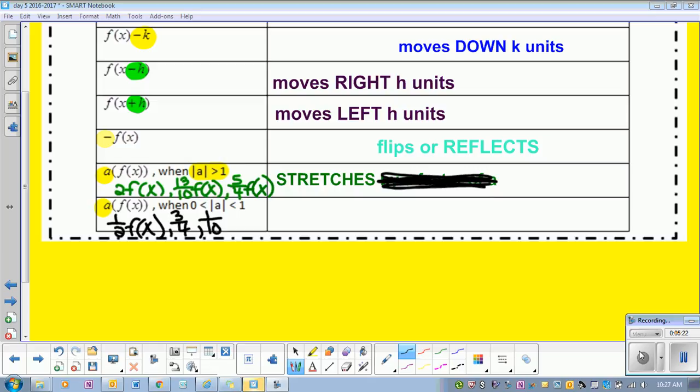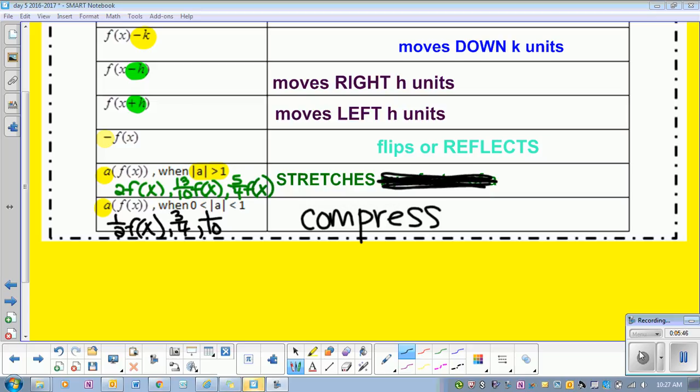All of those fractions where your top number is smaller than your bottom number mean that it's less than 1. And when that happens, it compresses. So I'll just put compress. That's what happens. It compresses.